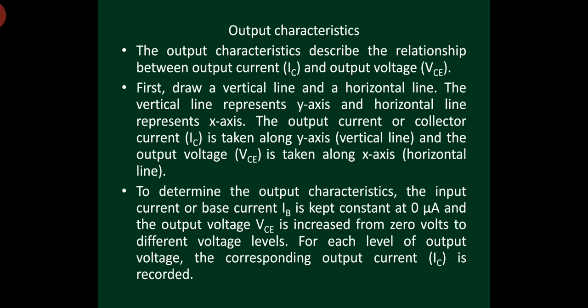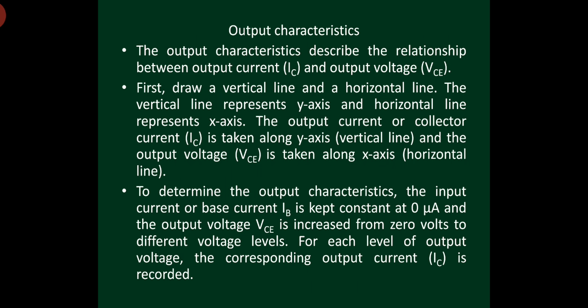In common emitter configuration, the output current is IC and the output voltage is VCE. So we have to draw the characteristics between VCE versus IC for different fixed values of input current, which is IB here.